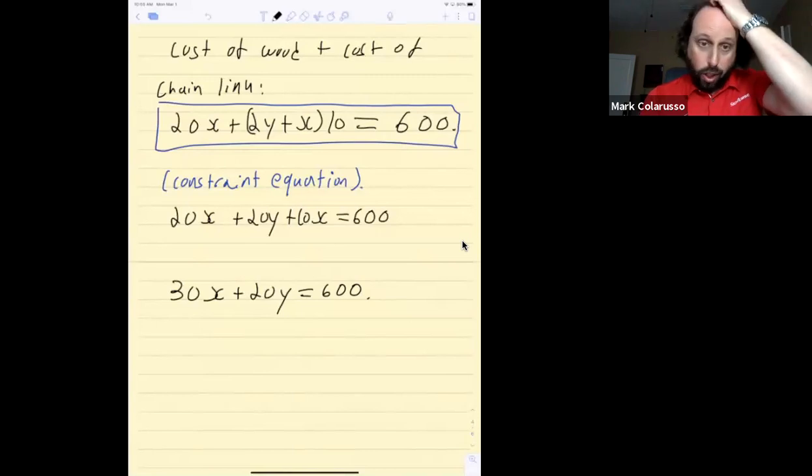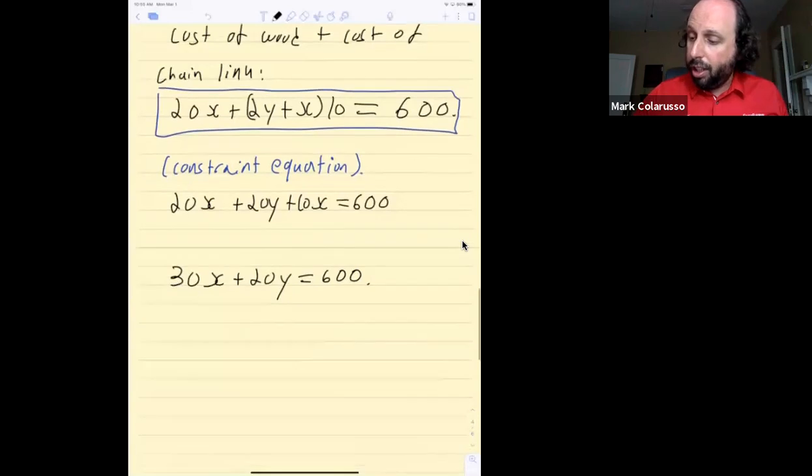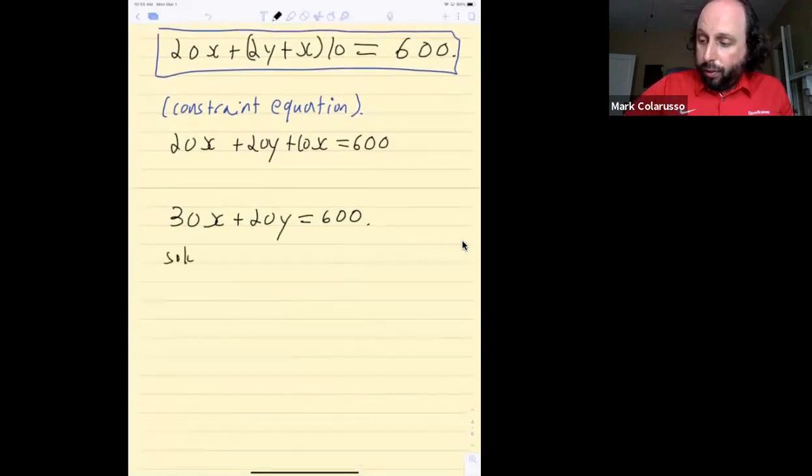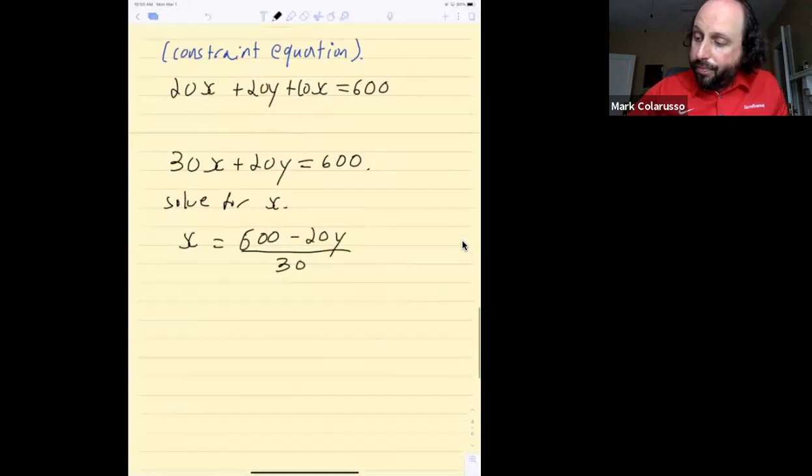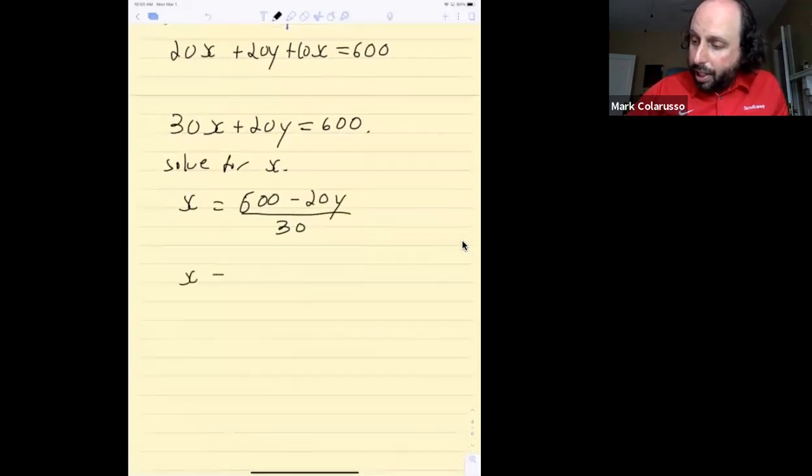They don't want us to say what the lengths are, so we're okay. So let's solve for x, I guess. We get x equals (600 minus 20y) divided by 30, so x equals 20 minus 2/3 y.